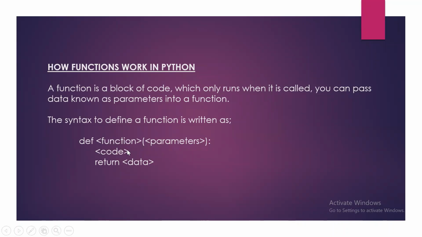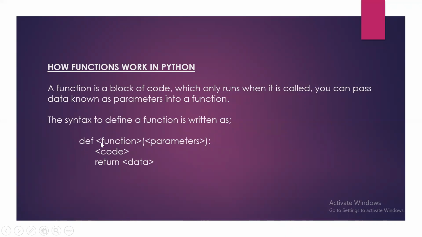And in the code, we define the operation which we want to perform on these parameters. After that, we define that we want to return the result of this code, which will be data, which is obtained as a result of operations performed on these parameters.